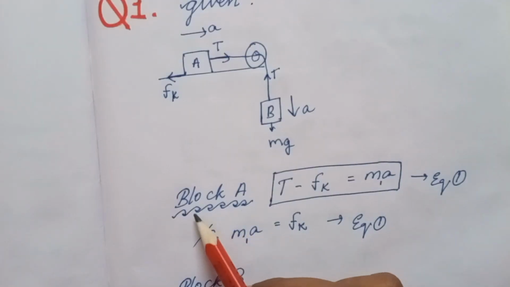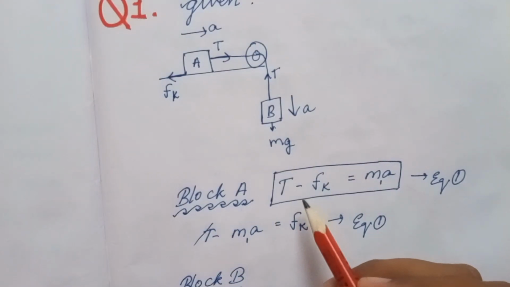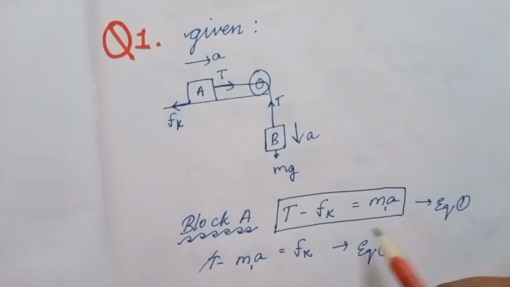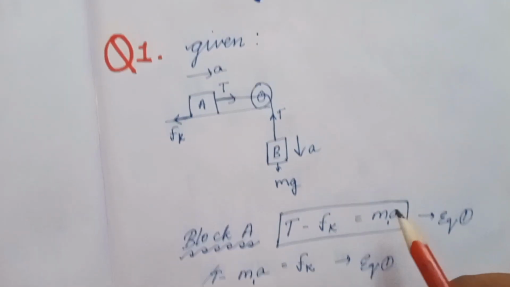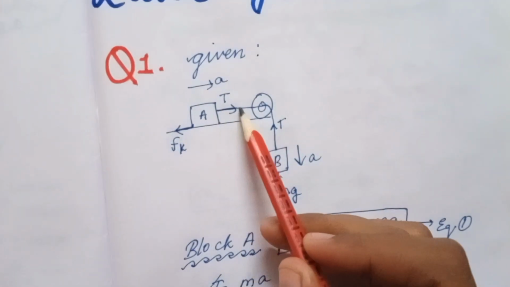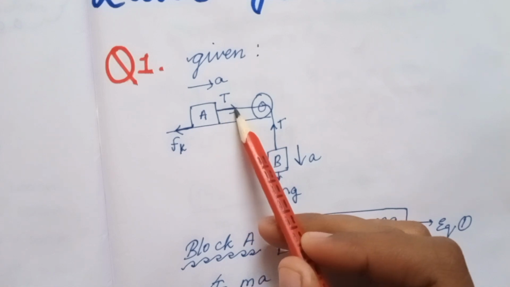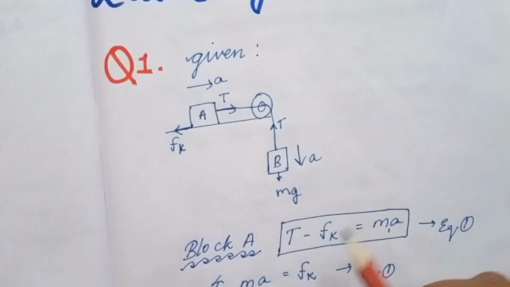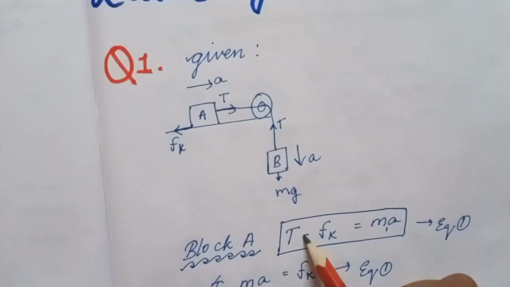So for block A, T minus kinetic friction is equal to m1a. How do we obtain this? The tension T in the string is greater than kinetic friction because it accelerates this side. So T is positive, while the friction force is less, hence we put a negative sign.